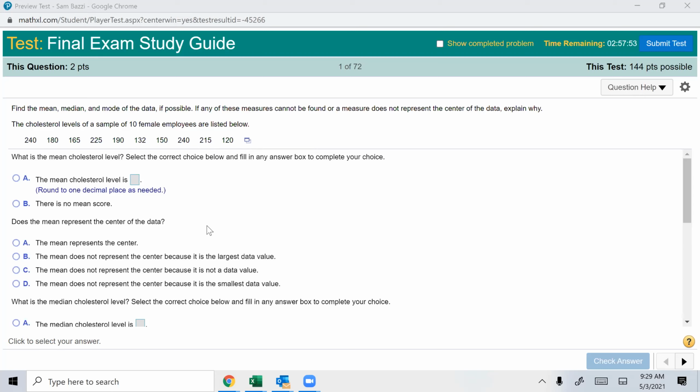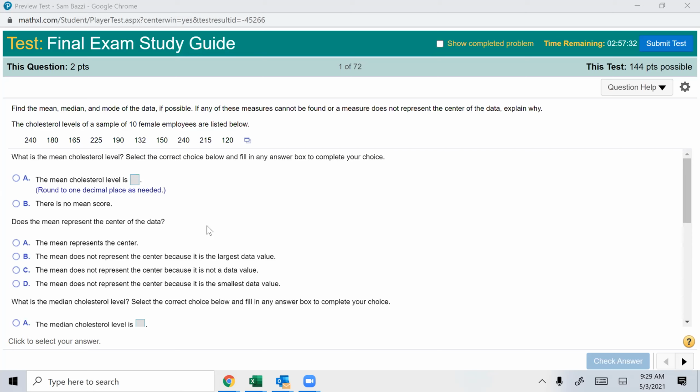Do you think that the mode is a good representative of the center of the data set? Yes or no? No. Why is that? Because it just represents whatever value repeats most, it's not necessarily the center. If it turns out to be the largest value, then no, it's not.